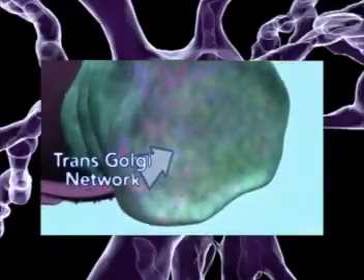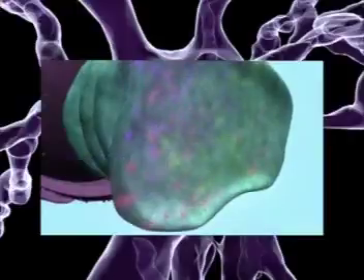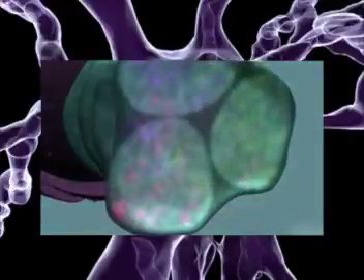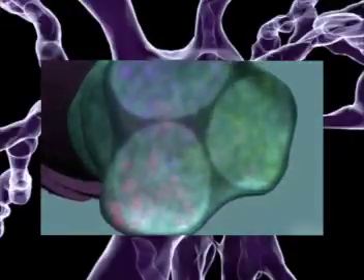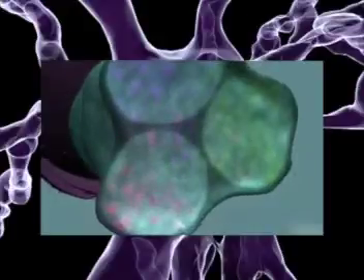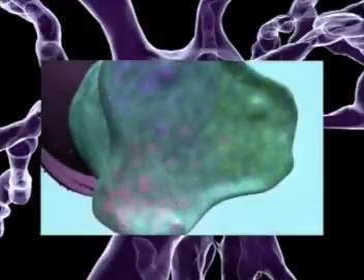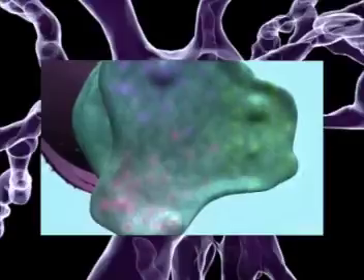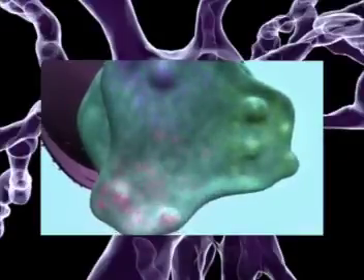When completed, the product is extruded from the Golgi apparatus in a vesicle and directed to its final destination inside or outside the cell.